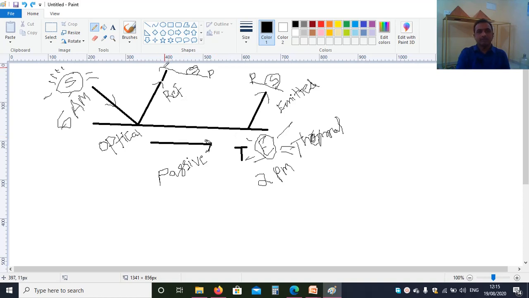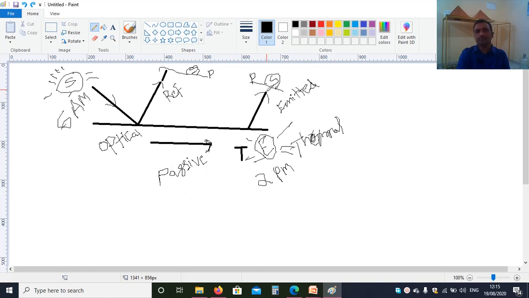This is the platform, this is the sensor. This sensor is sensing the reflected radiation in the presence of the sunlight. This sensor capturing the reflected radiation in the presence of sunlight, that sensing is called passive remote sensing.